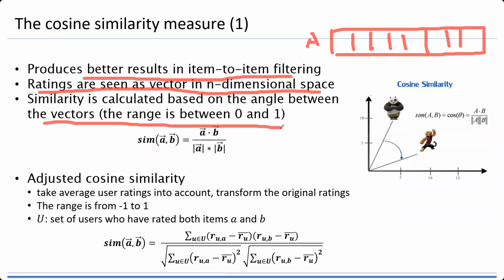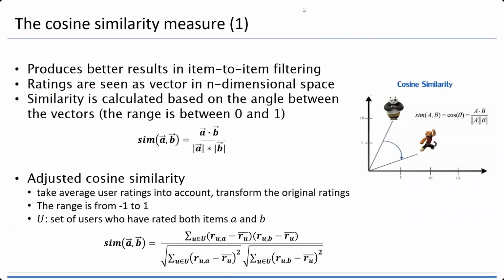And there is another way to calculate the cosine similarity. We call it adjusted cosine similarity. That's what adjusted means. It means we want to take the average of user ratings into account and transform the original rating. When we use the cosine similarity, it has a range between 0 and 1.